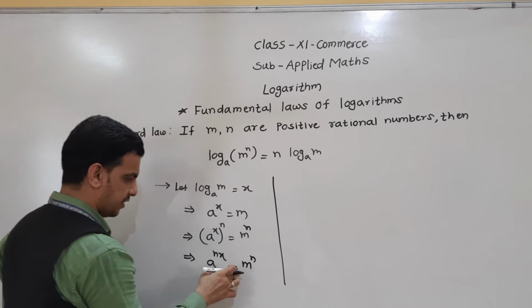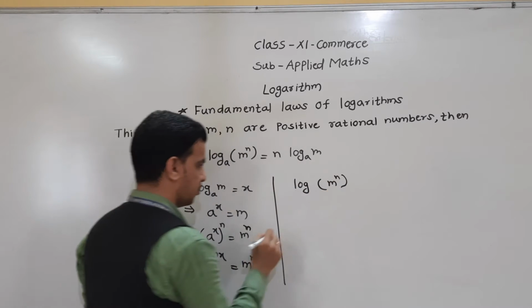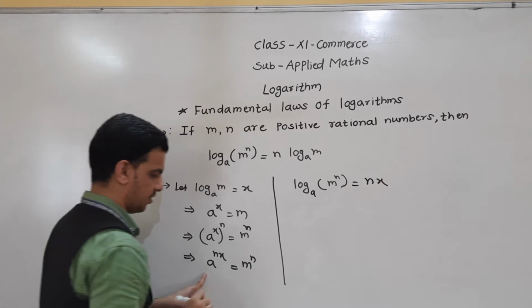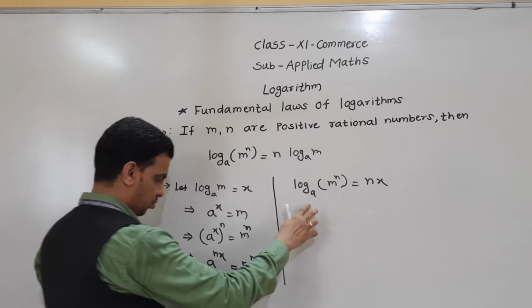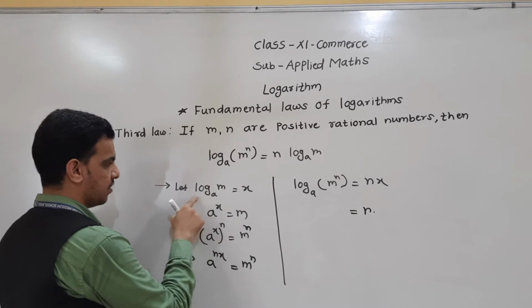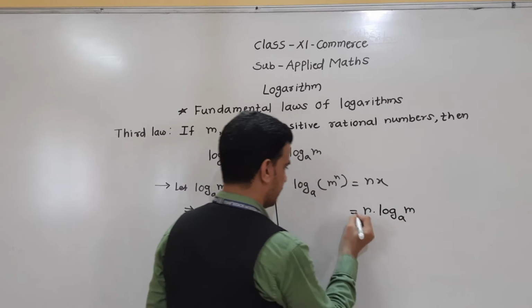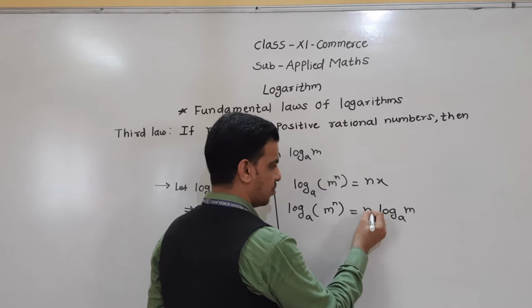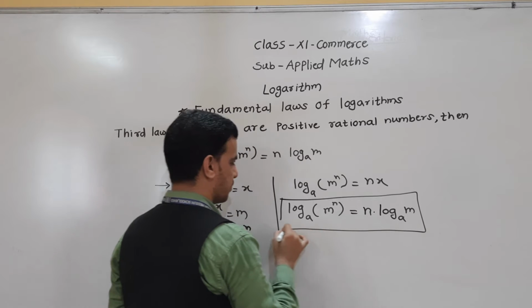Now if we convert this in log, log of m raised to n to the base a is equal to nx. I'm taking m raised to n as a single number. So n into value of x, which is log m to the base a, so log of m raised to n to the base a is equal to n into log m to the base a. So understand this property.